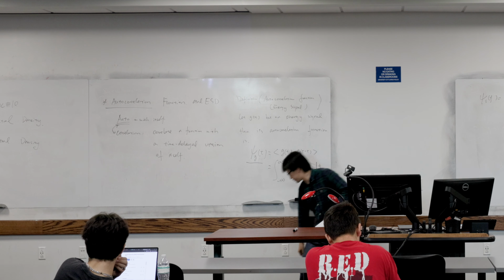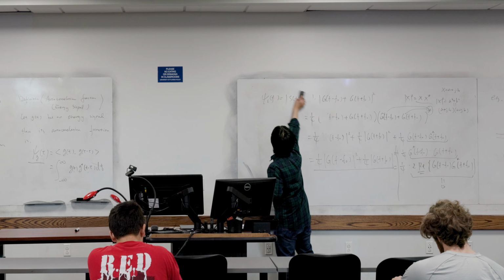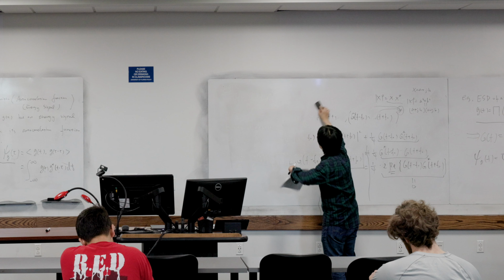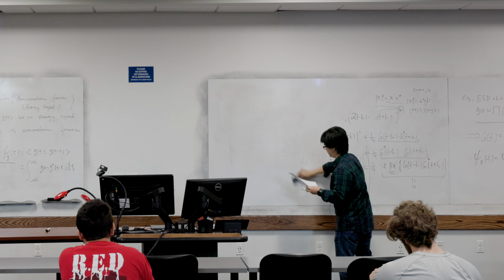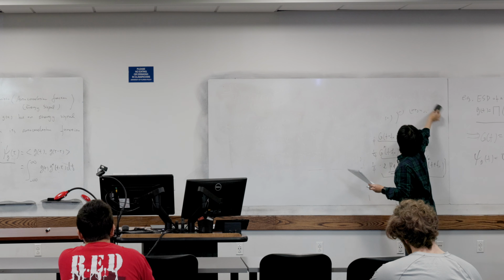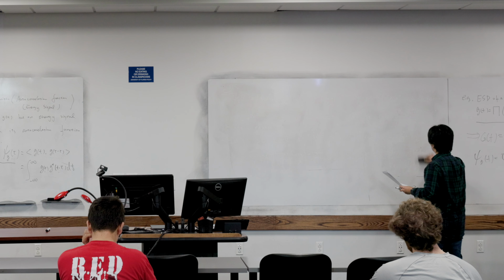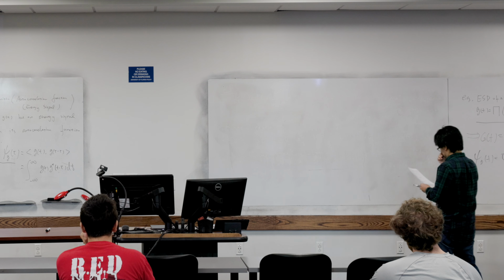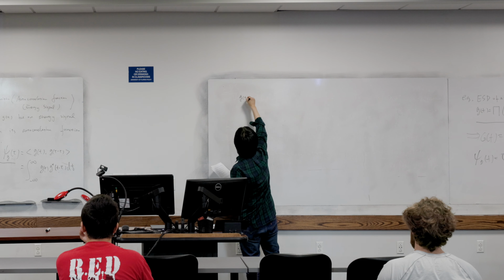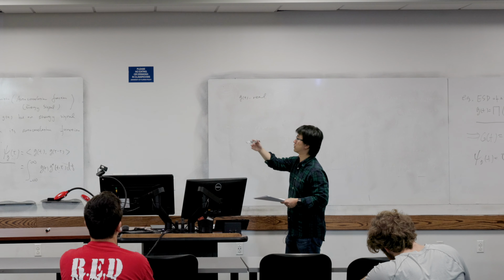And again, now let's focus on the case where g is real, so that will make our life much easier. Consider g of t real, and then let's see some properties of the autocorrelation function.